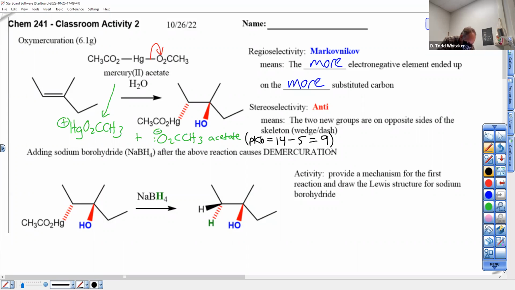Okay, next up is triangle time, of course. This time the arrows making the triangle, I misspoke. The arrow making the triangle is that one arrow. 2 electrons in the pi bond react with the mercury to make a different kind of triangle.